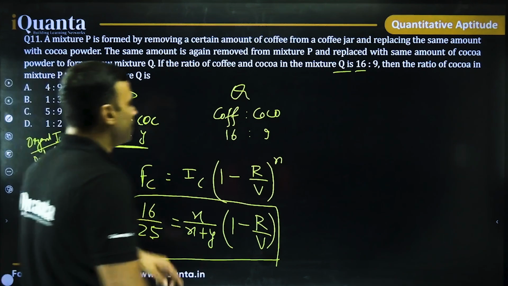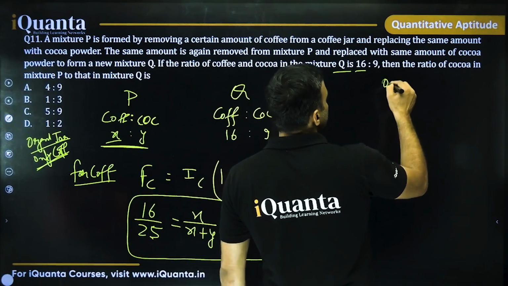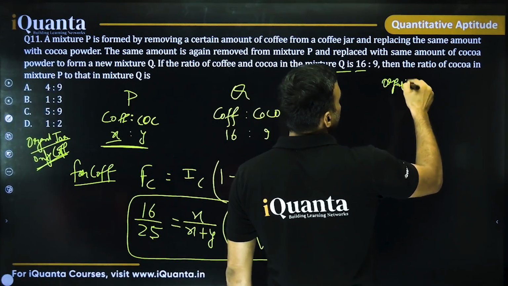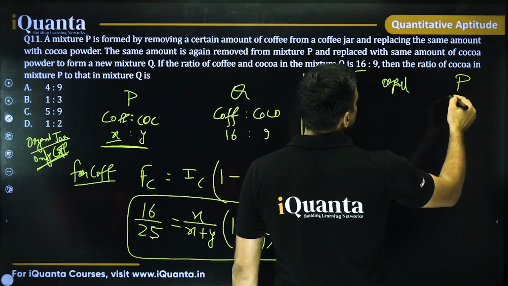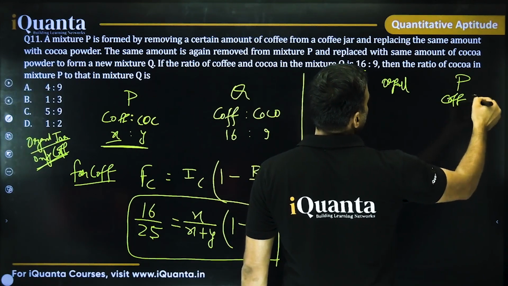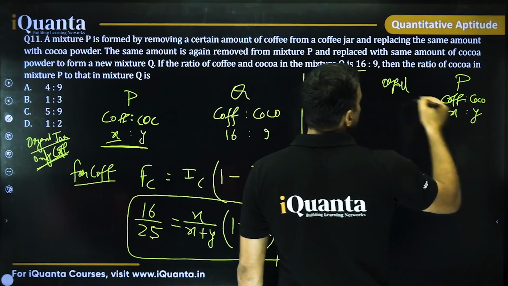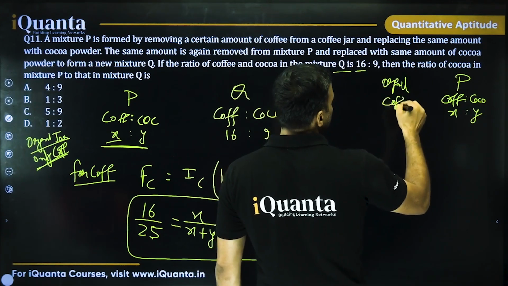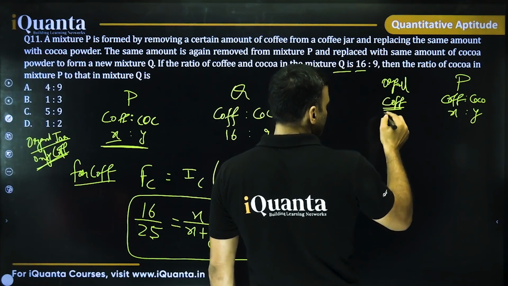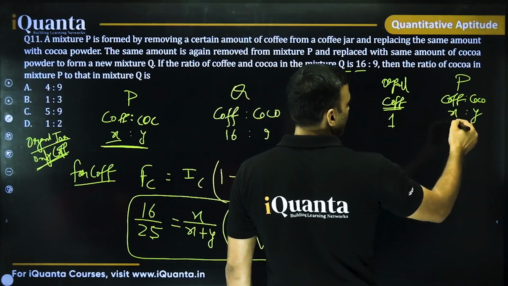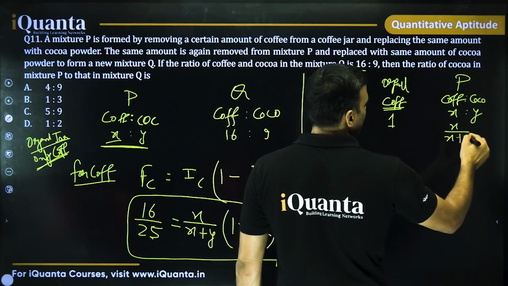And let's compare with the original jar and P. So original jar and P, here coffee is to cocoa is X is to Y, and here original is completely coffee. So the coffee concentration will be 1 and the coffee concentration here will be X upon X plus Y, right?